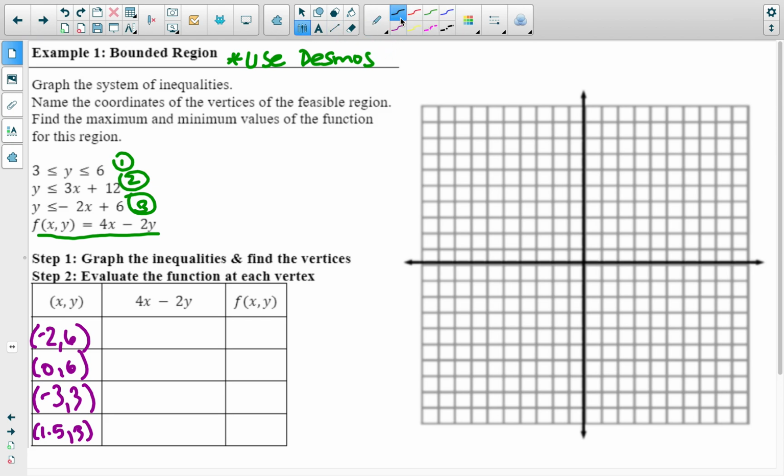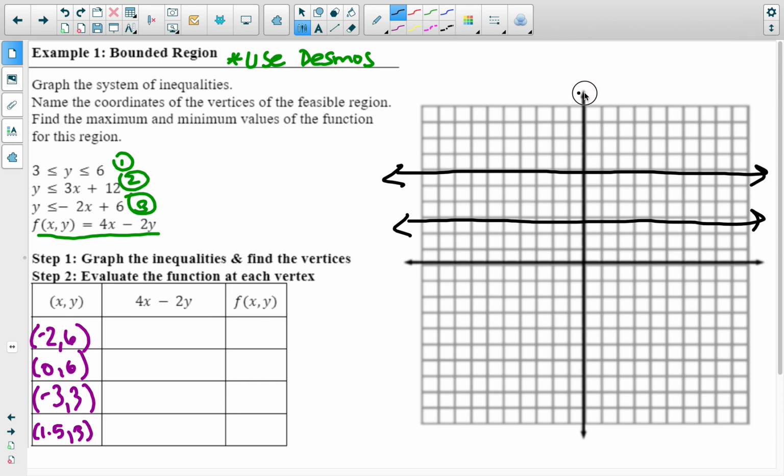even though it's not going to be perfect, because you will be asked to do that throughout many of these practices. So a quick sketch just to give us a feel for what's going on. Here's our y inequality, that's number 1. Then down here it's going to be a line, so our y-intercept would be up at 12.